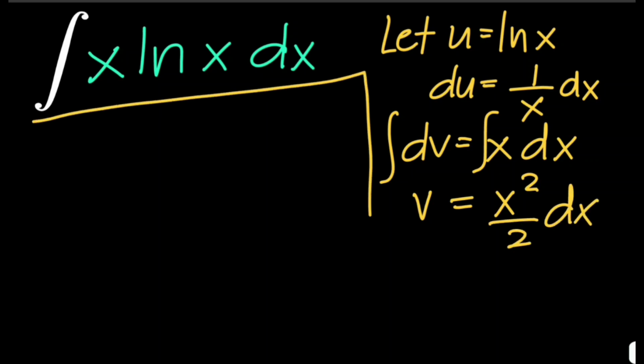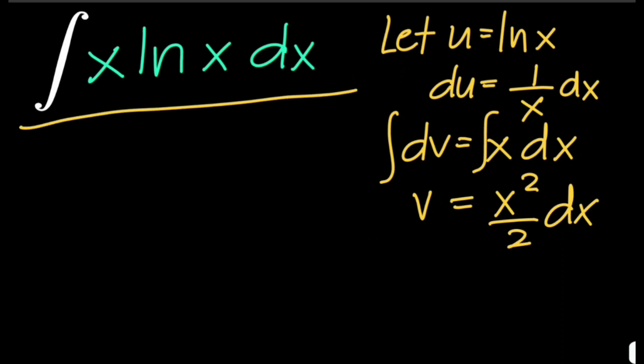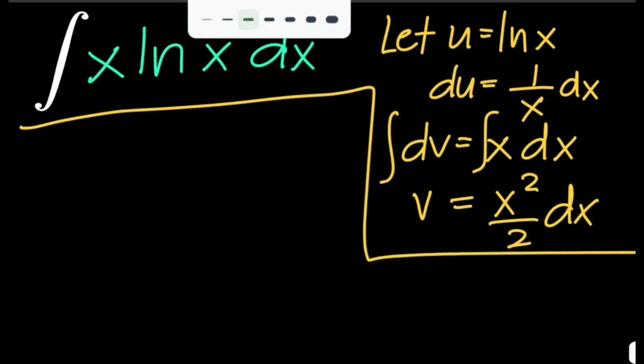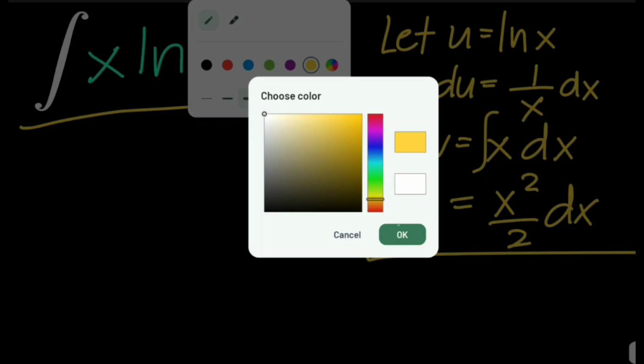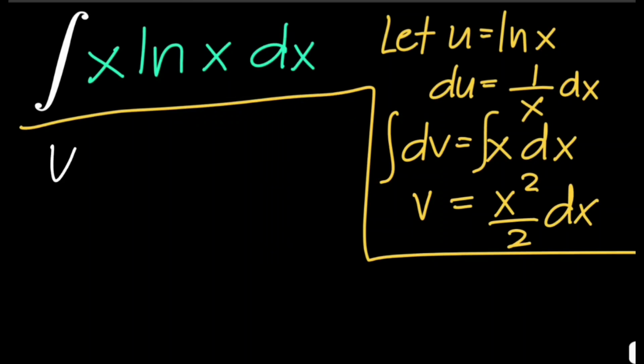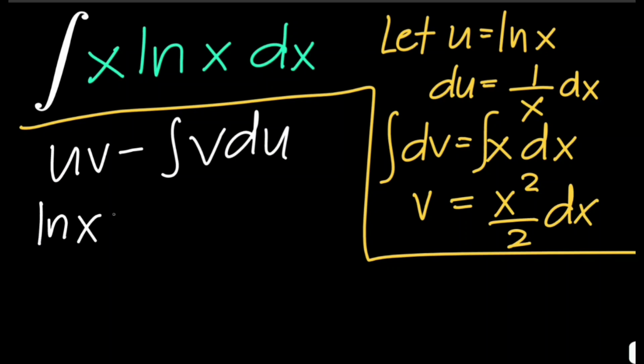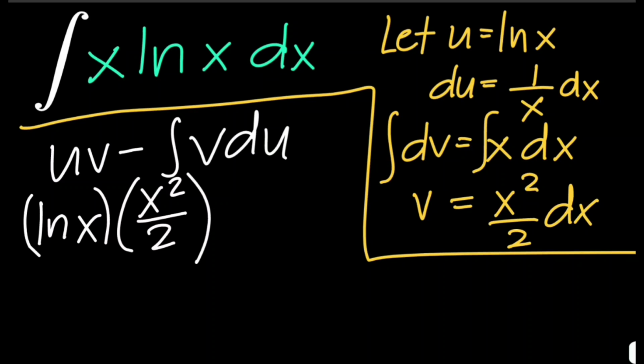Now we plug in everything to the integration by parts formula. So that is uv minus integral of v du. U is ln of x times v, which is x squared over 2. Oh, sorry about this.